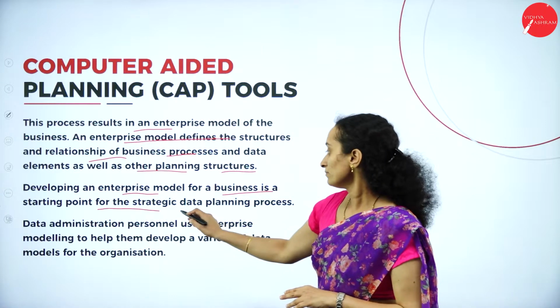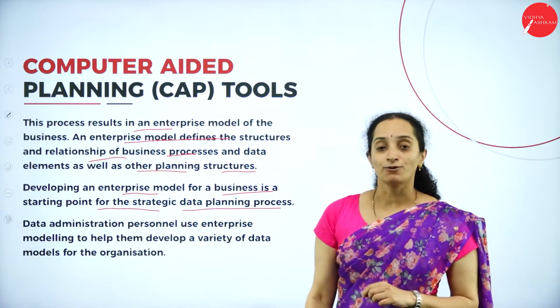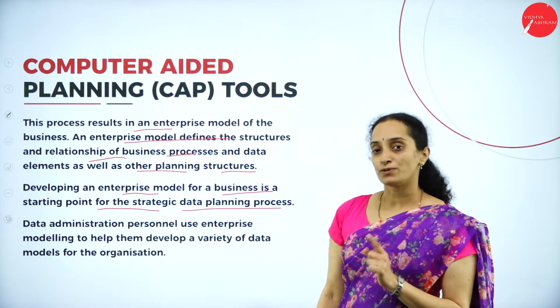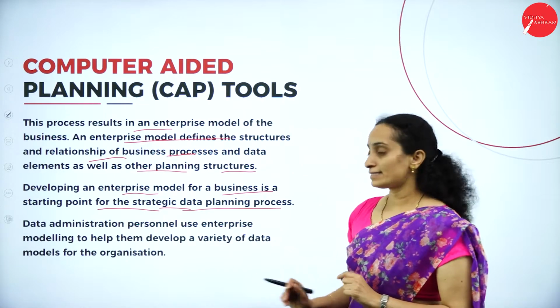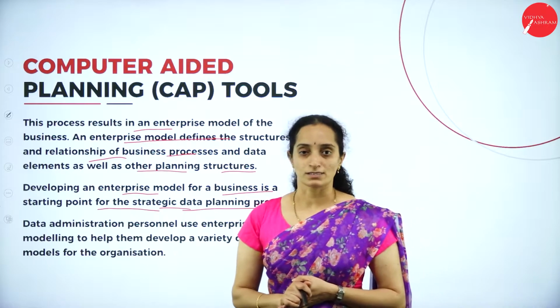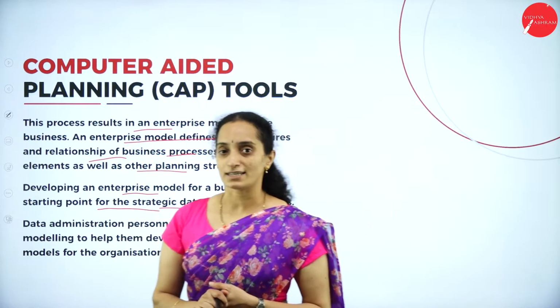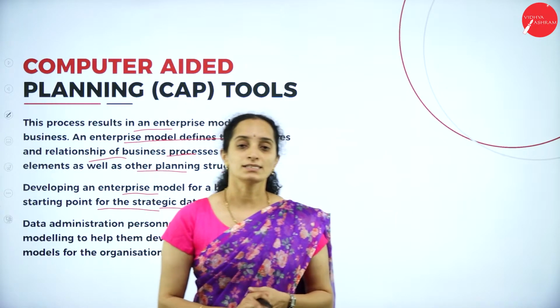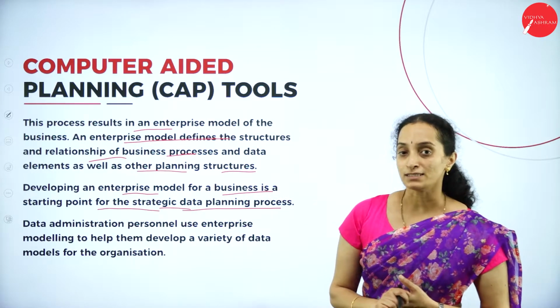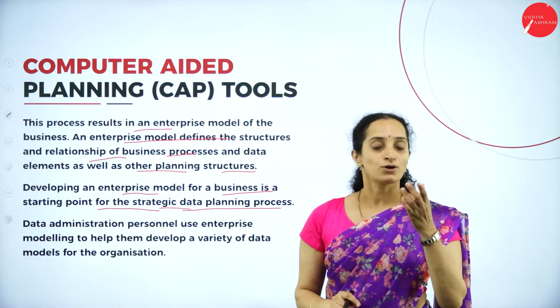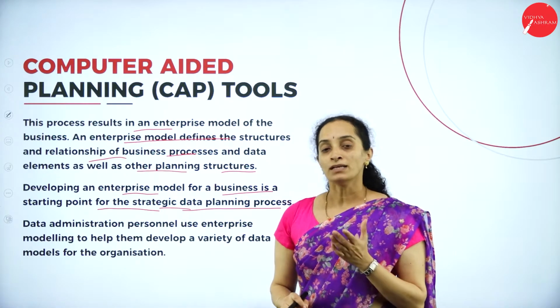Okay? So, the need for the CAP or computer-aided planning tool is that it helps in the strategic data planning process. What is this strategic data planning process? This is a process which helps in planning in a business related to the data or information coming in the business.